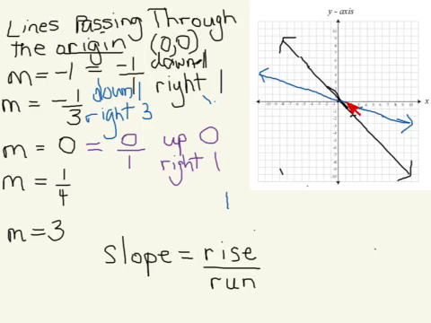And I could repeat that process. I could go right 1, but notice the rise is 0. So we end up with a horizontal line actually right on top of the x-axis. So when we draw that, it'll just be over top of it. Let me see if I can do that.